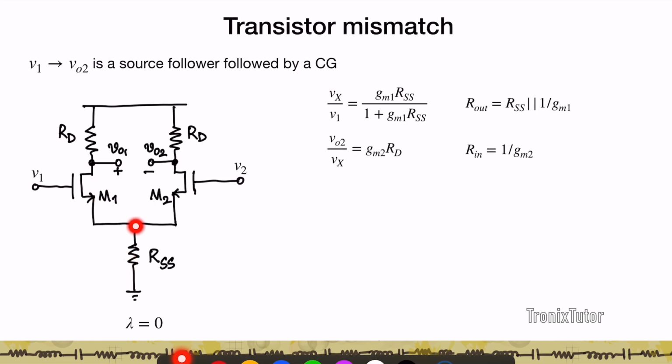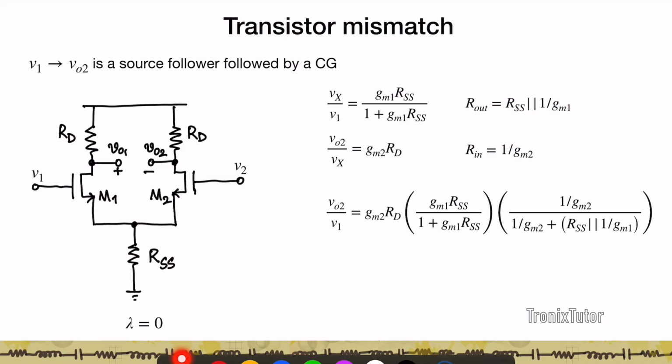VO2 to Vx is nothing but GM2 RD, again because lambda is 0. And here the Rin of this common gate is 1 by GM2. So Rout of the source follower is this, and Rin of the common gate is this.